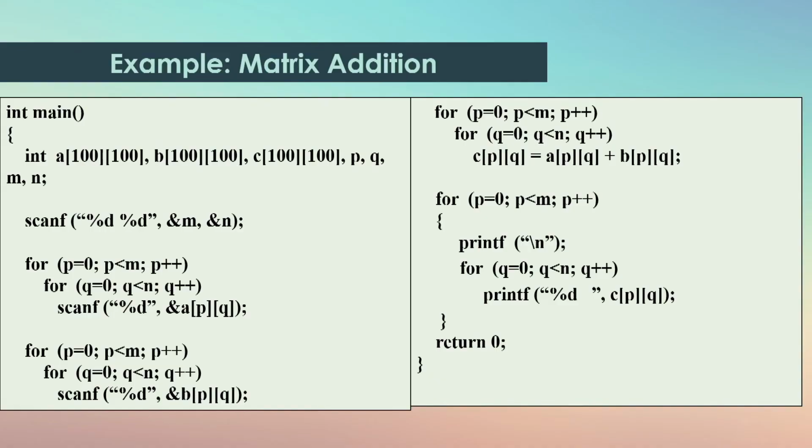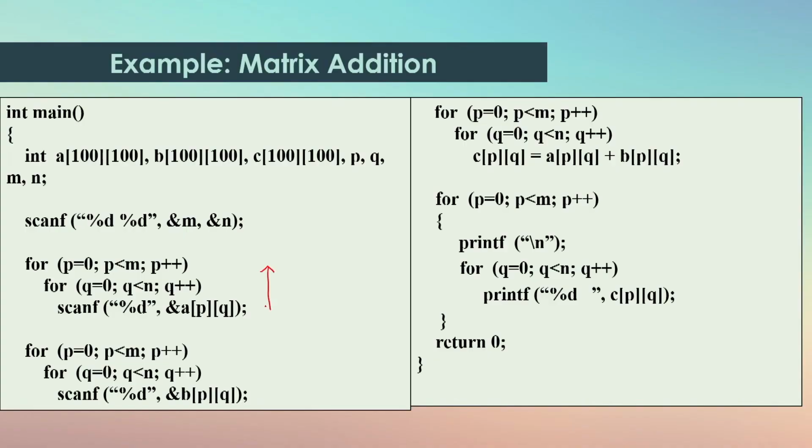So, this example is to understand how matrix operations are done with the help of a two-dimensional array, because a two-dimensional array allows us to go with a grid structure. So, it is maximally used for matrix representation. Here we can see the first loop is used for reading the values of matrix A. The second loop is used for reading the values of matrix B, and the same loop is used for adding the two matrices also.